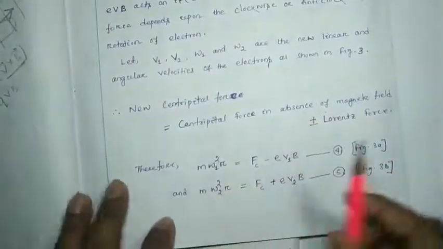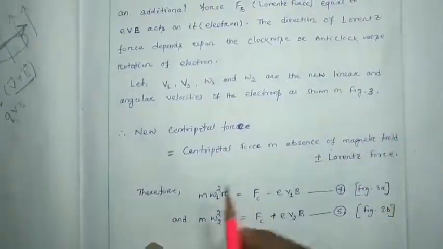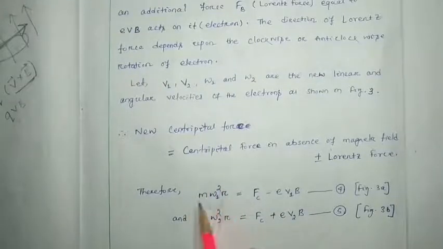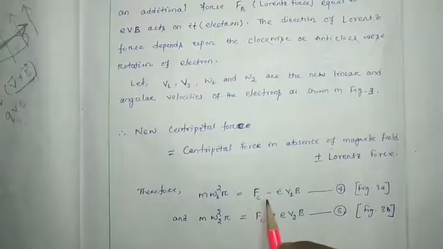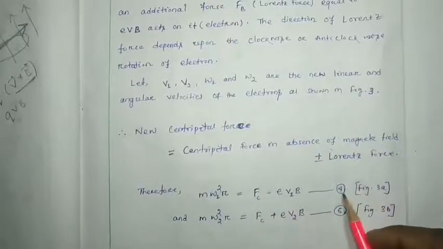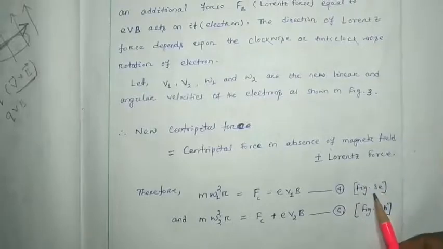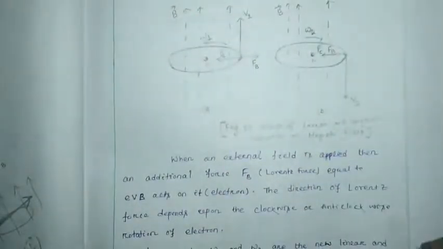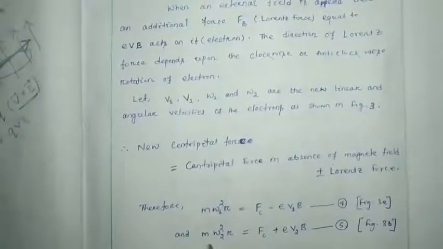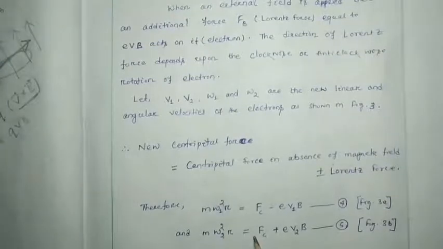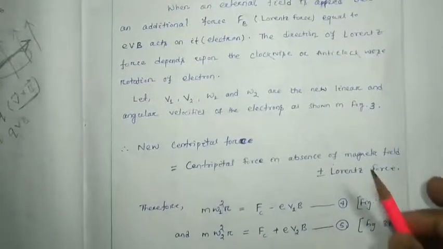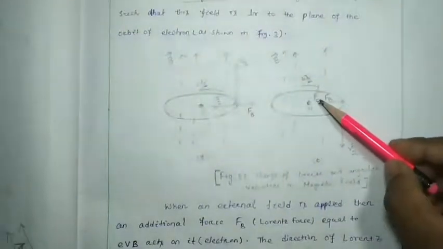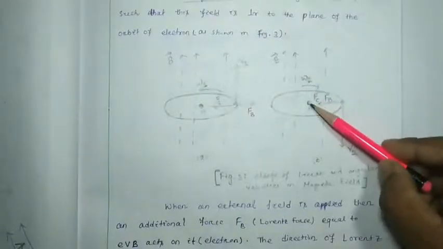for the first electron. Okay, so for the first electron we can write m omega1 square r, this is your centripetal force expression, is equal to Fc minus e v1 B. Let it be equation number 4, and it is represented in figure 3a. Okay, from figure 3b, what can we find? We can find that m omega2 square r will be equal to Fc plus e v2 B, because the induced magnetic force will be in the same direction as your centripetal force.